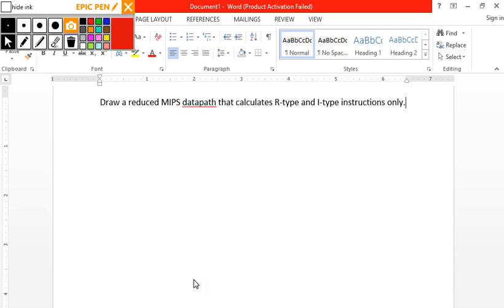From that, there's the ALU, 1 and 2. It goes there. So there should be a 5 to 0 bit.